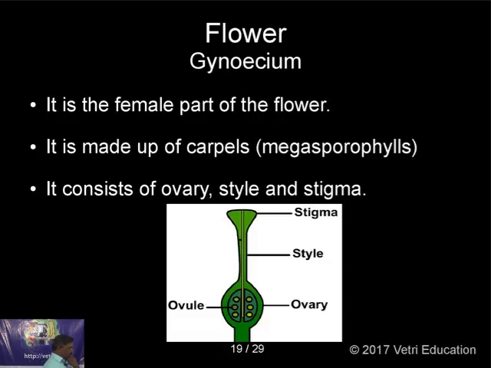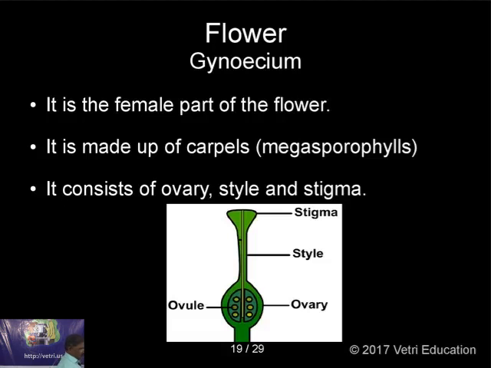This is the diagram where you can find the broad lower portion called the ovary, above which you can find a stalk-like structure, that is called the style. At the end of the style is the stigma. Inside the ovary you can find the ovules arranged. The arrangement of the ovule, I will tell you later, is called placentation.